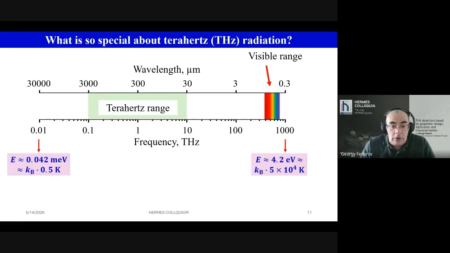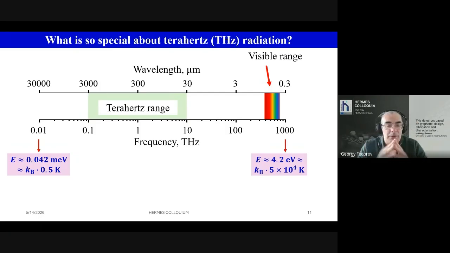I want to talk a bit about energies and the evaluation of energies corresponding to light quanta for different frequencies and length scales. So the boundaries of this large region are from 10 gigahertz to 1 terahertz to 1000 terahertz.